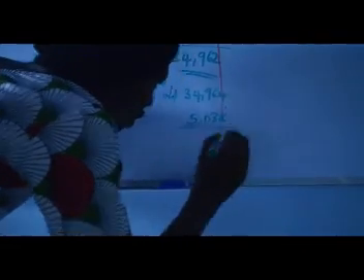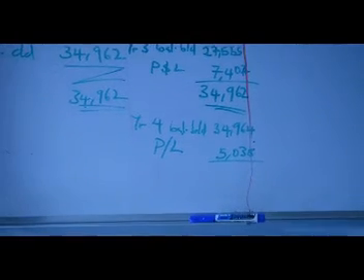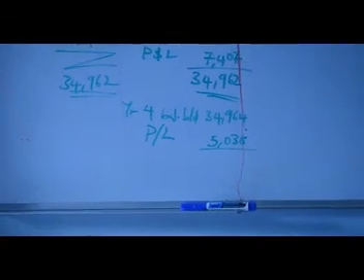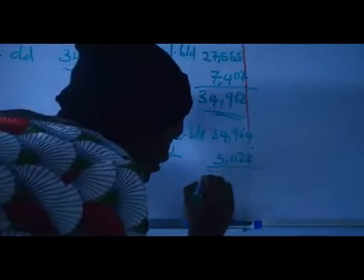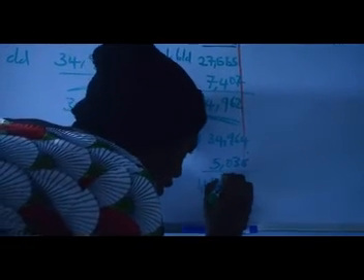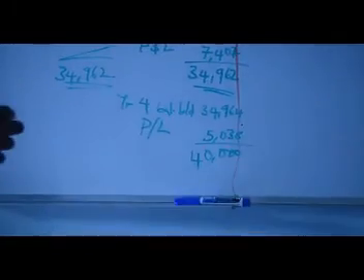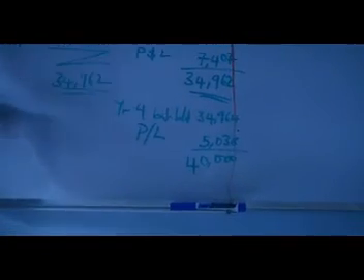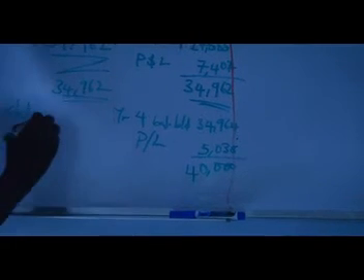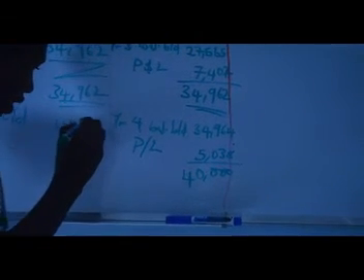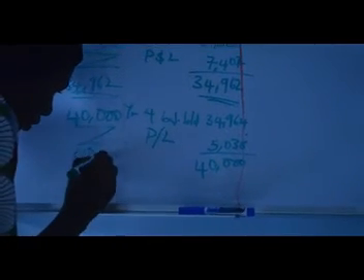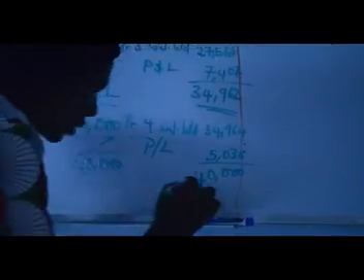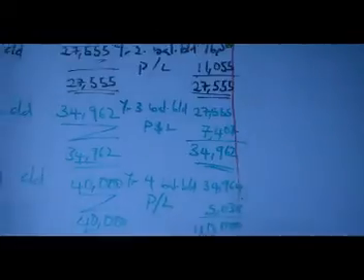So when we add that, we are having 40,000 naira, and our balance carried down gives us 40,000 naira. And that's that for our provision for depreciation account.